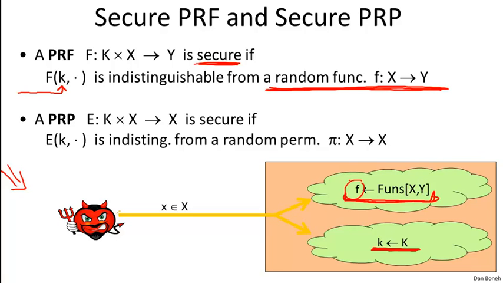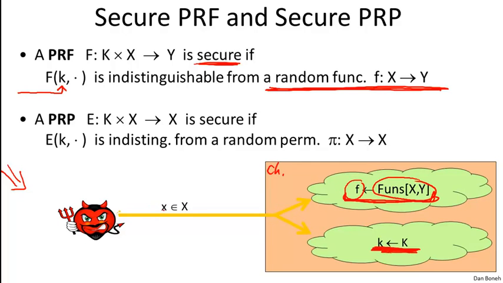And little f is literally a uniform random choice from this finite set of functions. So the challenger chooses either a random key for the PRF, or a truly random function.